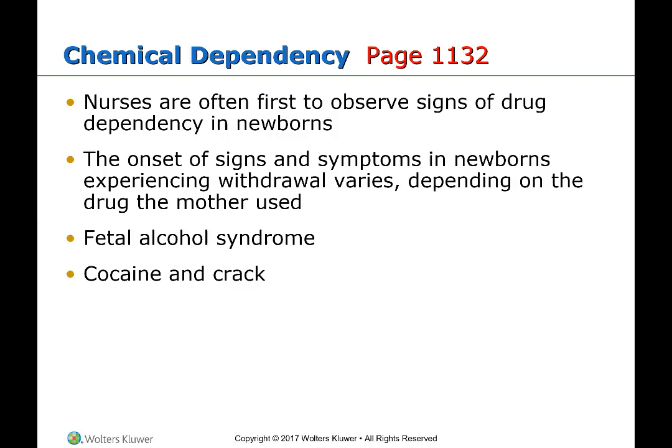That can last 2 to 3 weeks. So the cocaine-exposed neonate may not show specific behaviors, but is just irritable for several weeks after birth. So for these infants, when we're talking about cocaine, they might have things like increased muscle tone, tremors.